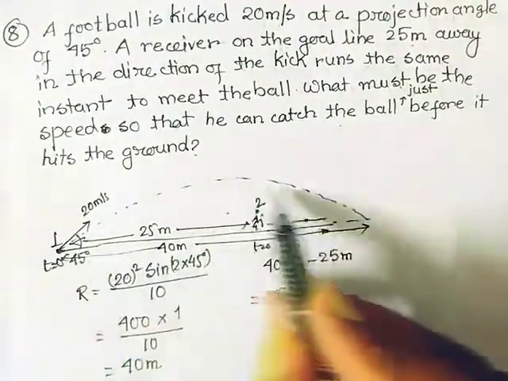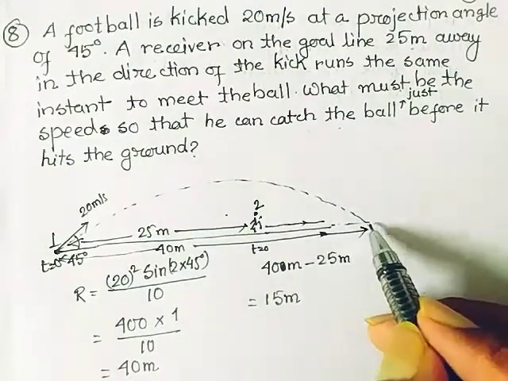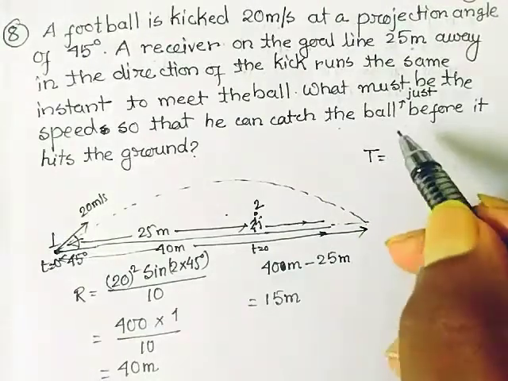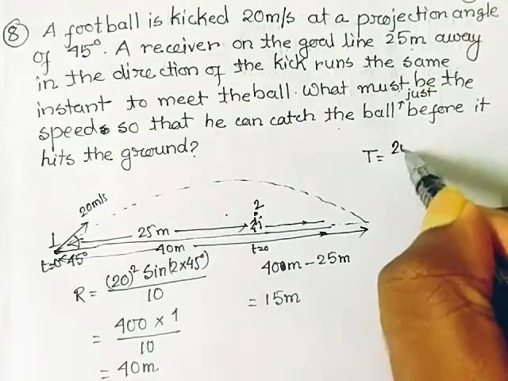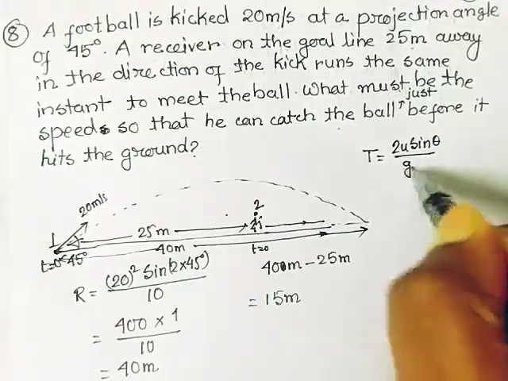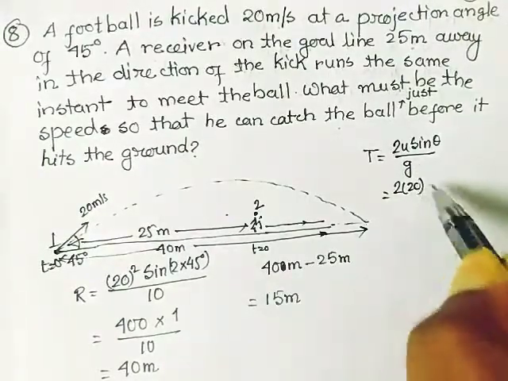So after which time will it reach here? That we have to calculate, that is capital T, the total time of flight. You know the formula: what is the value of u? 20.